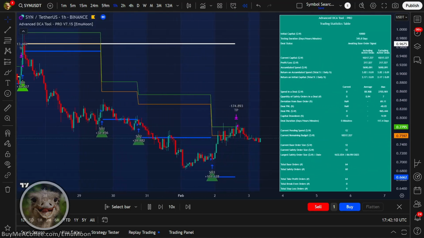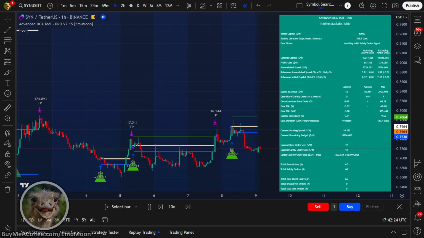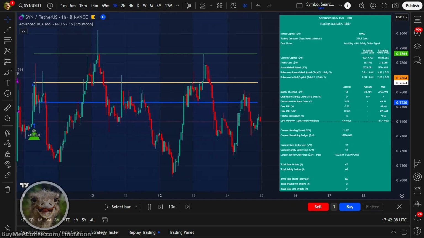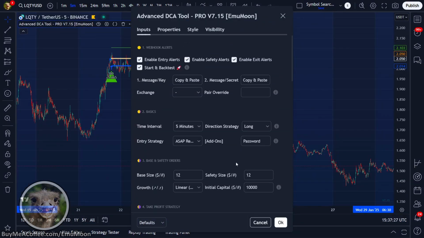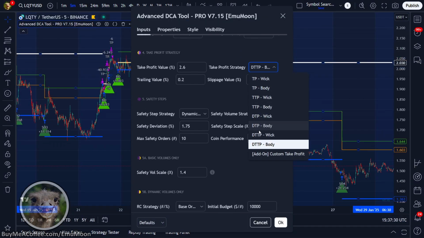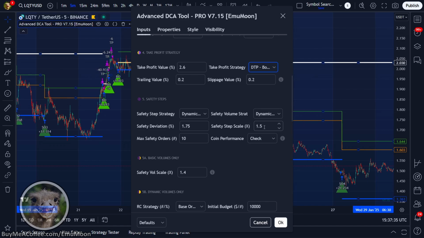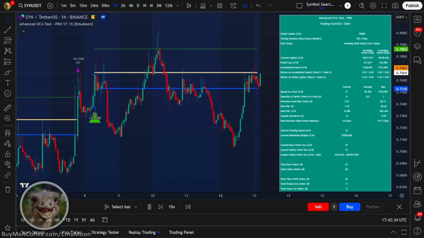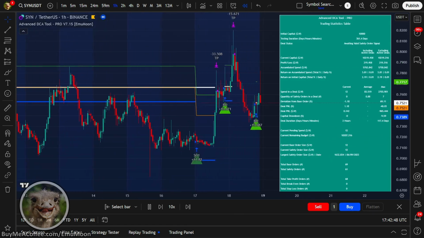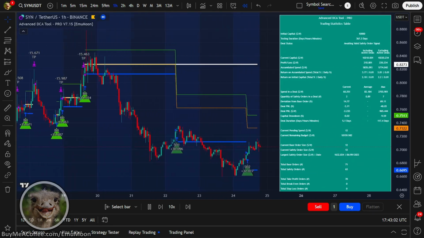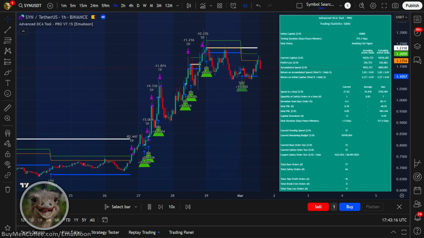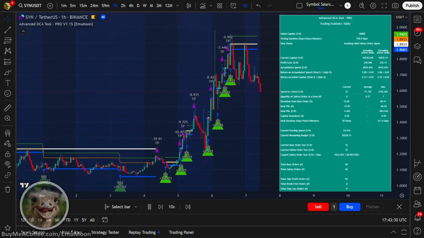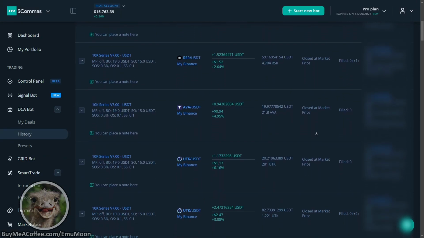The existing safety order signals do a really excellent job of getting in at opportune moments and bringing down your average price paid. And you've also got the flexibility of choosing how you'd like to realize your profits with a selection of great take profit strategies. Some of you guys have been having difficulties with dynamic take profit, where unfortunately it hasn't exited a deal. And generally speaking, dynamic take profit does a great job overall.